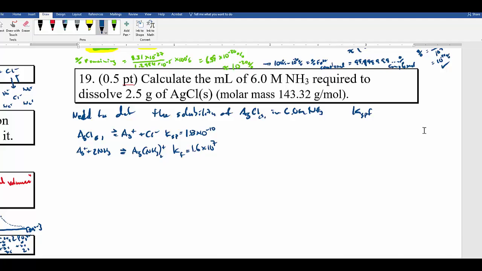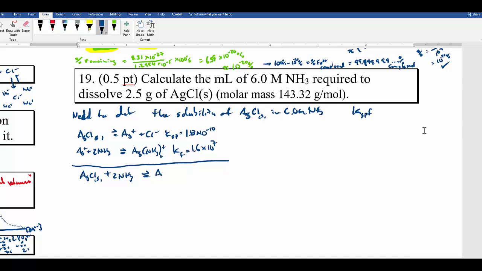And so this is a good candidate for the combined method, because the first step is small, the second step is large, and therefore the silver ion concentration should be fairly negligible. And that's what we need. Because in the combined equilibrium, the silver ions are going to cancel out. It's going to give us 2 ammonias.